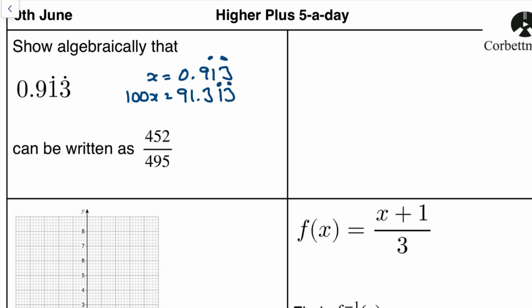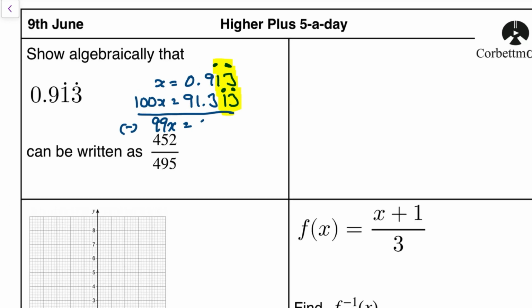And of course, the point is, the recurring part repeats, which means that when I take this away, 100x minus x is 99x, and 91.3 minus 0.9 gives me 90.4, which means that x is going to be equal to, divide both sides by 99, 90.4 over 99.